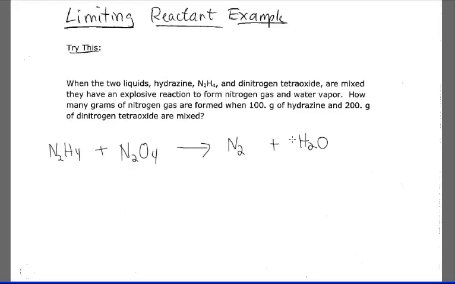Again, we could put in G and gas for water, and liquids for both of those, but I'm just going to leave them off for simplicity. Then you need to balance it. When you balance it, you should get 2 hydrazines and 3 nitrogens and 4 waters. Okay, so we did that.